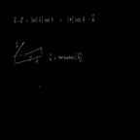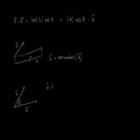The second thing is that I can use the dot product to calculate the angle between two vectors. So if I have a vector A and a vector B, and here I have the angle theta, let's rewrite this formula. A dot B is the length of A times the length of B times cosine of theta.